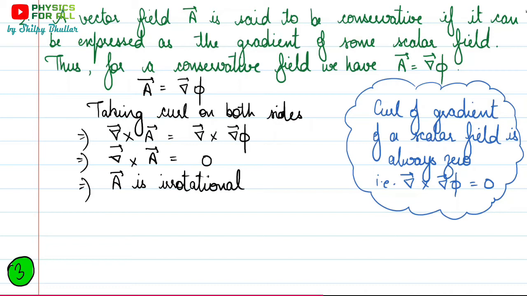If it is a conservative field, it will not rotate. So whenever we detect any field at any point, we try to see its behavior, and if it is not rotating, then we can assume that it could be a conservative field. But to detect whether it's a conservative field, we have to do some more calculations. So this is how we use all this mathematics together to gather knowledge.